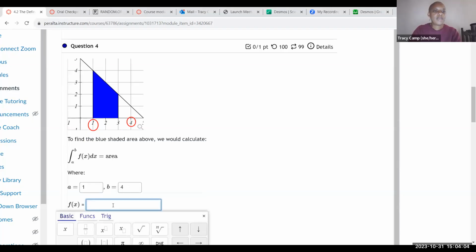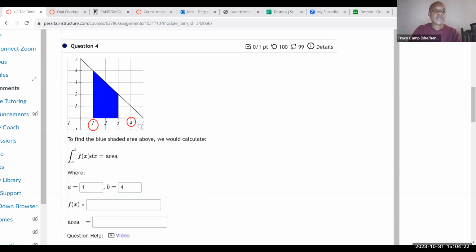My function f of x, I'm not going to do that here, but your job for your problem will be to find the equation of this line. It's going to be in the form mx plus b, right? Oh, I guess I can find this quickly.